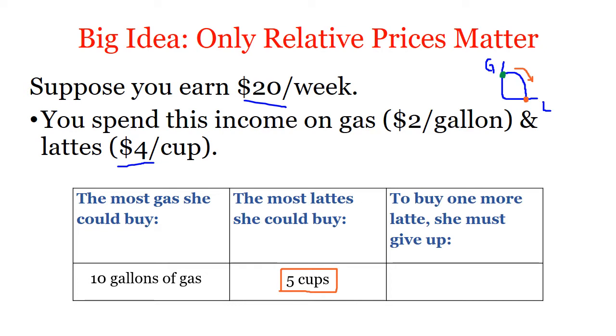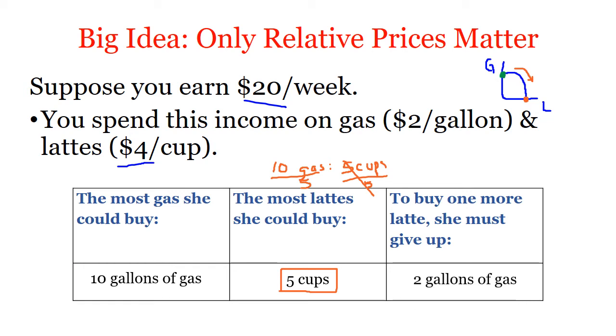If we have this ratio of 10 gas to 5 cups, what do we do if we want to make it into 1 cup? You would divide both sides by 5. And 10 divided by 5 is 2.